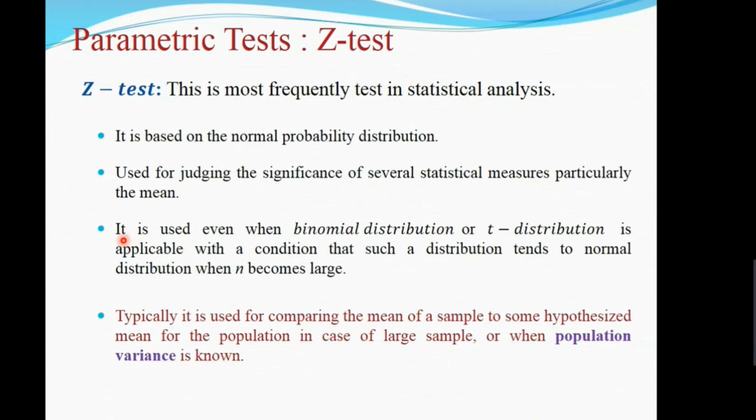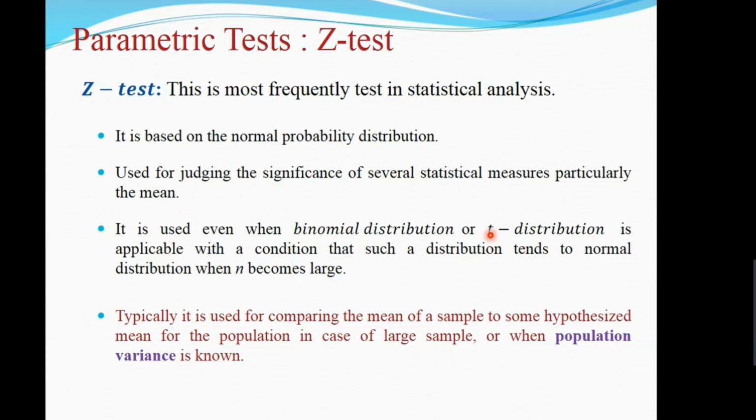Another thing is that there is a connection between T distribution and Z distribution. What is the connection? It is used even when binomial distribution or T distribution is applicable, with the condition that such a distribution tends to normal distribution when n becomes large. If you remember, for T distribution we should have a small sample size.